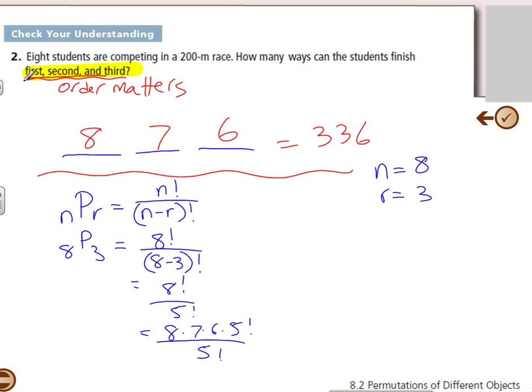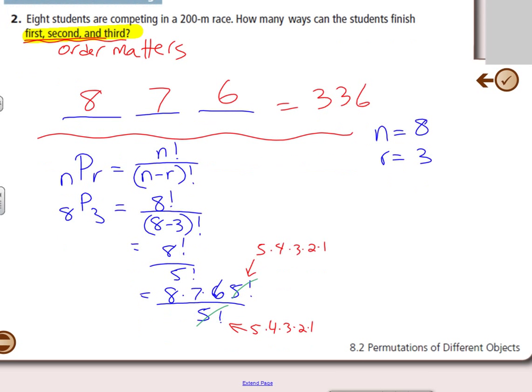The way I did this is I expanded it as far as I could until I saw the same thing in numerator and denominator. This is meaning 5 all the way to 1. This is also meaning the same thing: 5, 4, 3, 2, 1. Hey, those are going to cancel off. And I get the same thing I got with my fundamental counting principle: 8 times 7 times 6, 336.